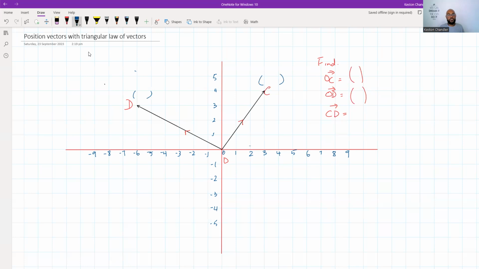And OC and OD is going to be equivalent to those endpoints. Yeah? So type in the chat, Julia, the carry, what my OC and my OD are going to be. Now we talk about CD.